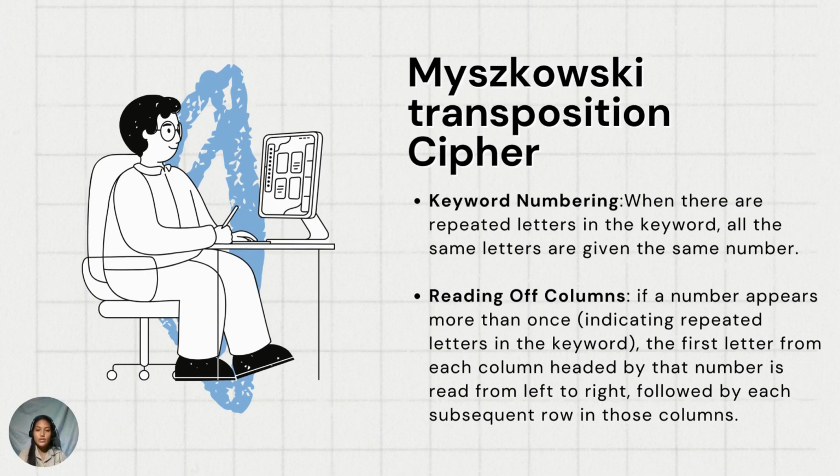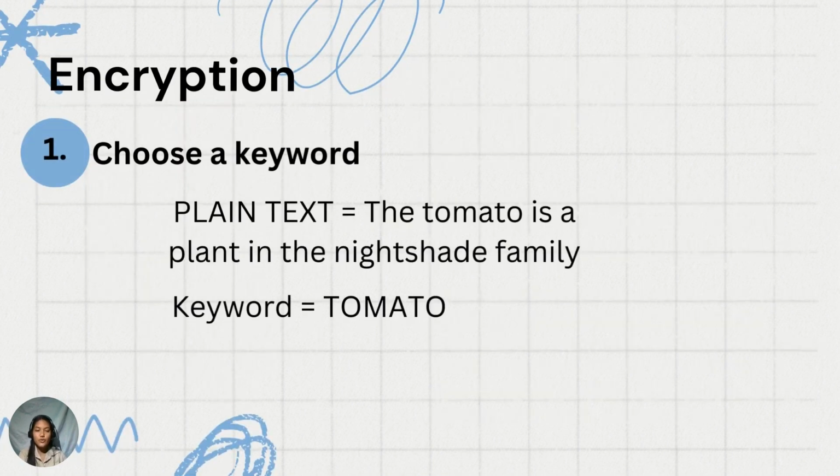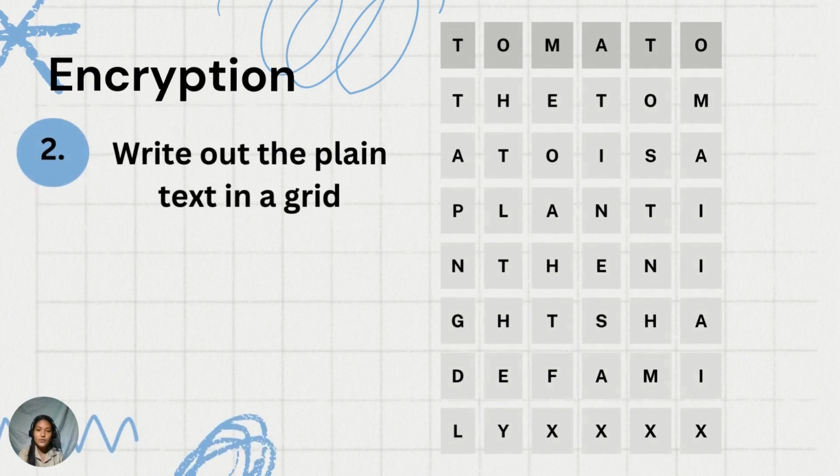Now, let's go to the encryption process. First, you have to look for the given information. Say, for example, the plaintext is "the tomato is a plant in the nightshade family," and the keyword is tomato. Now you have to write the plaintext in a grid, putting the keyword on top of the grid, just like in the presentation.